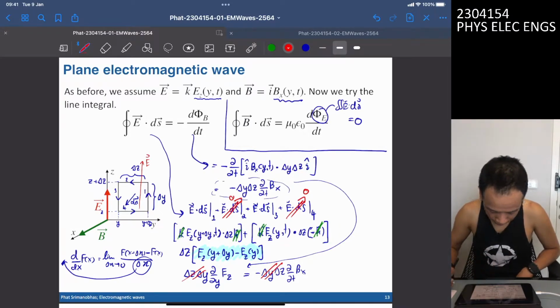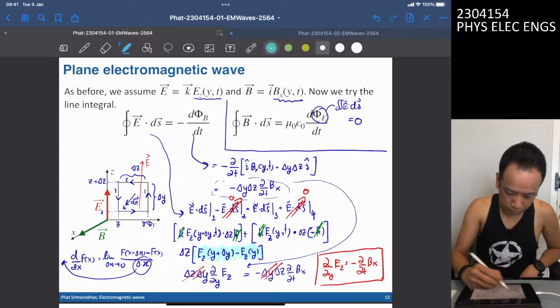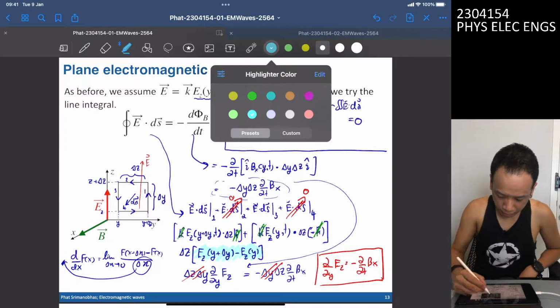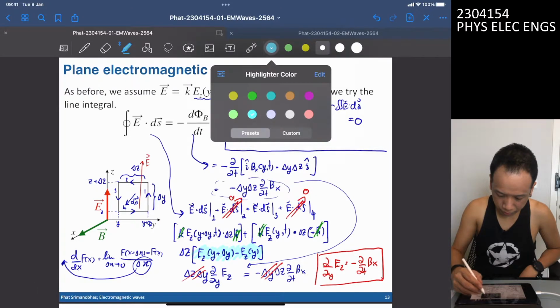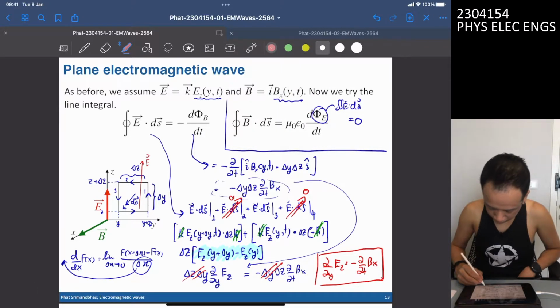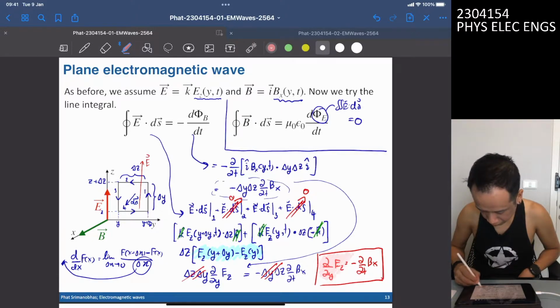So what you have at the end is that d by dy of EC equals minus d by dt of Bx. Okay. So now you have the first equation.